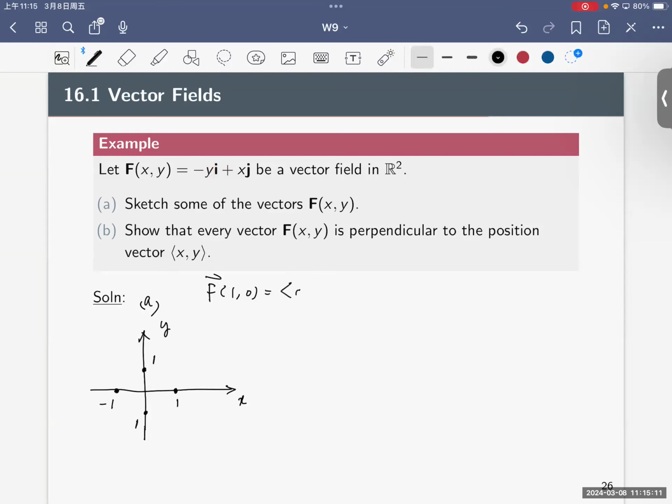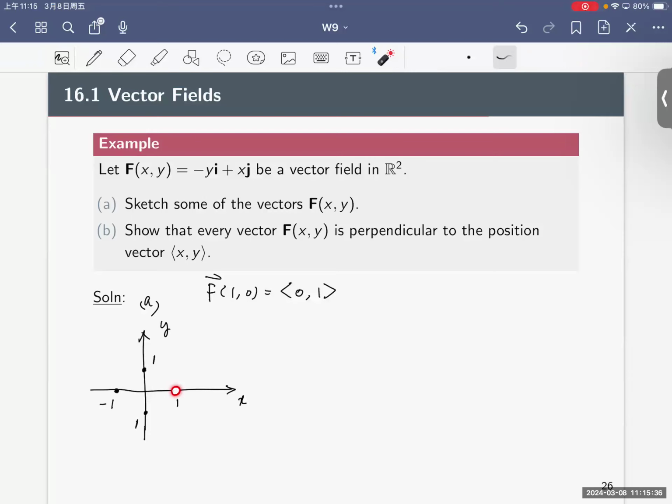If I use this form to denote the resulting vector, it's 0, 1. So at this point, y is equal to 0, x is equal to 1, so the vector is 0, 1. So I draw a vector 0, 1 at this point.